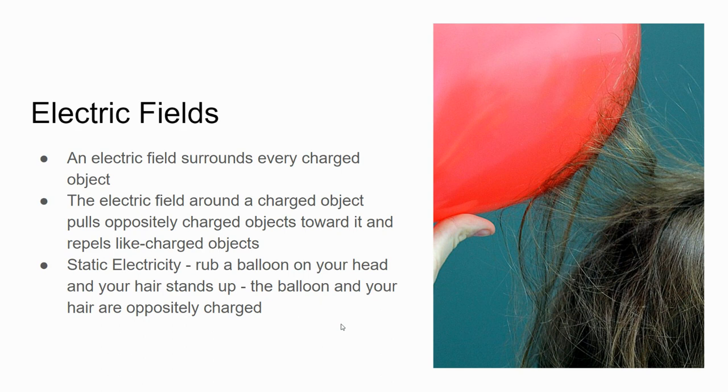A normal everyday at-rest atom is neutrally charged. It's not positively or negatively charged, because the protons and the electrons balance each other out. For every positive you also have a negative. That makes 0, right? If I have 5 positives and 5 negatives, I still have 0. That is how atoms work.